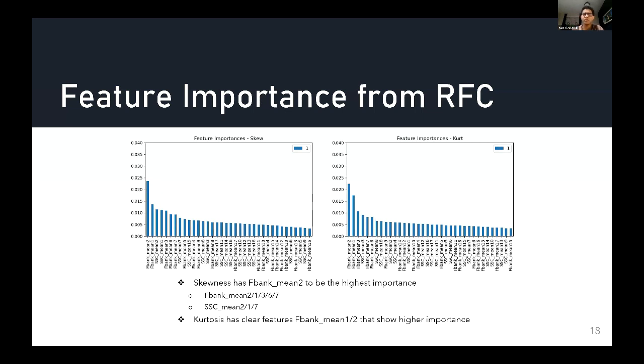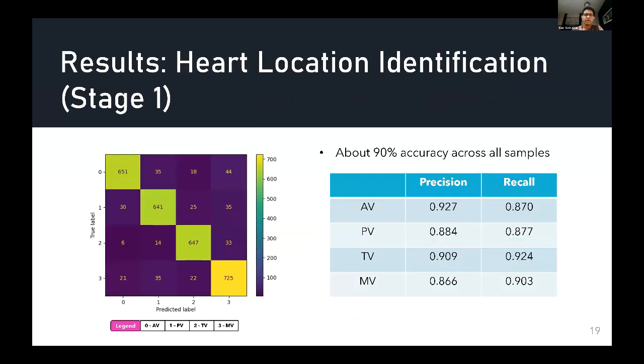As far as evaluating the model, we used a couple of different metrics. Across the entire test data set, we noticed around a 90% accuracy. We can conclude this from the confusion matrix on the left.